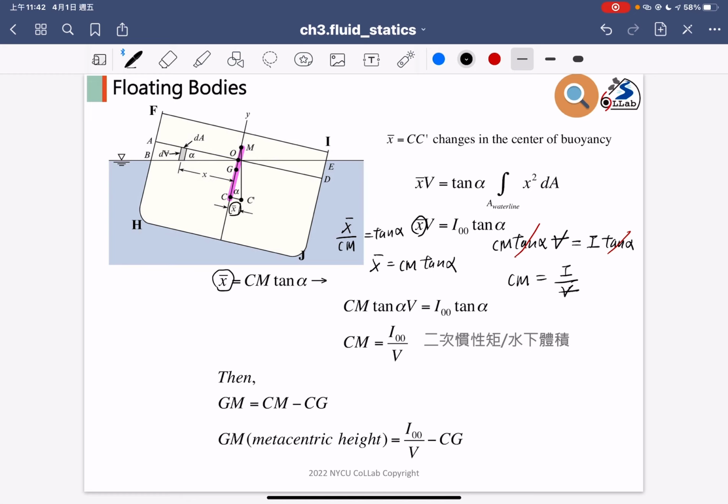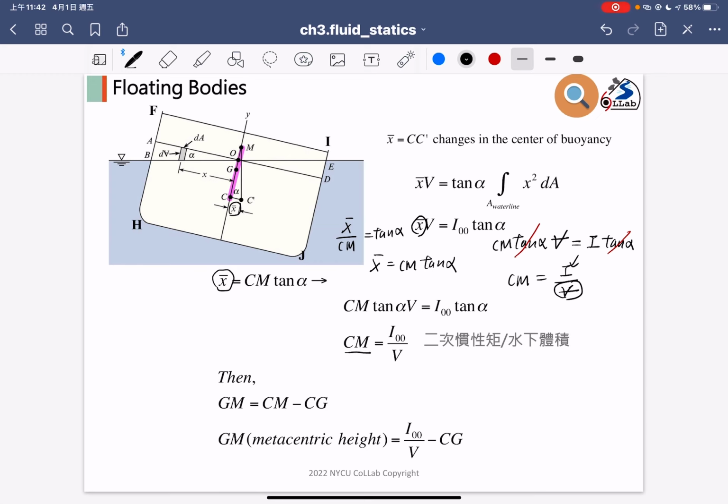As I mentioned before, our purpose is to find how large the Cn distance is. So if we can compute the second moment and the displaced volume of your body, you can predict the Cn distance.